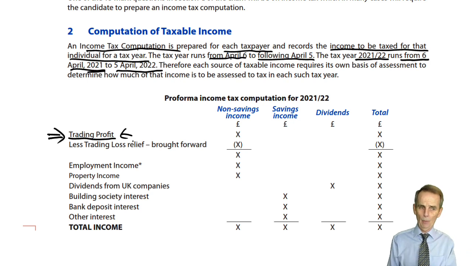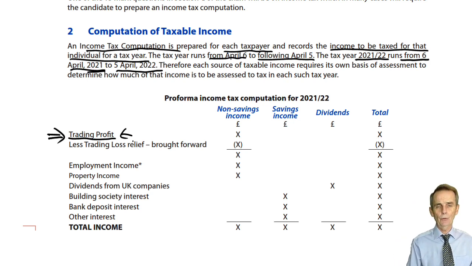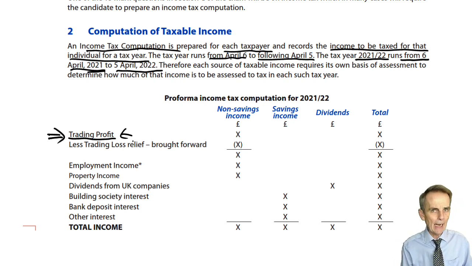So there's one problem dealt with in two chapters, 4 and 5: making the accounting profit from the statement of profit or loss acceptable for taxation purposes. Something that is eminently examinable so far as your exam is concerned.